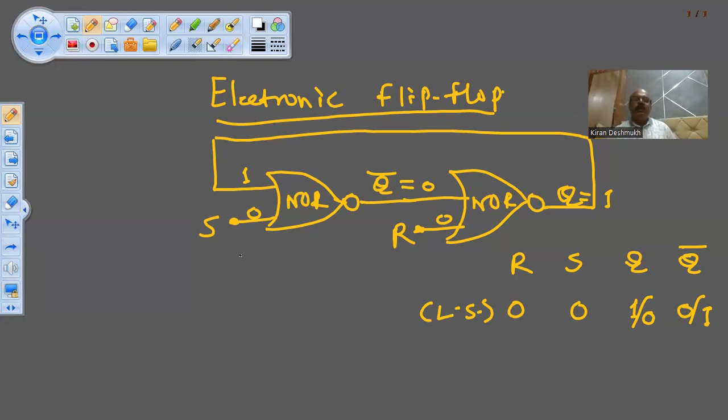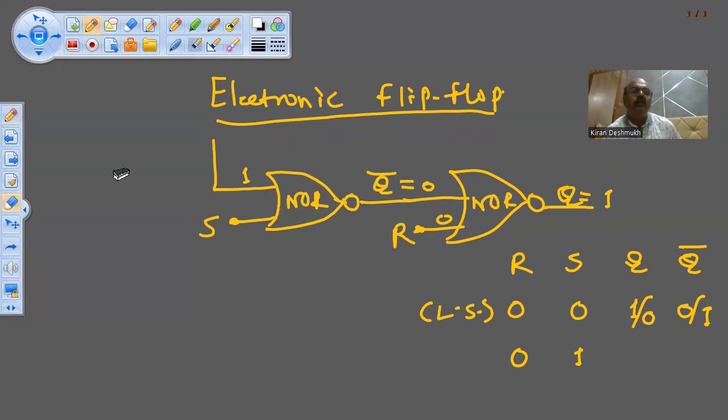Okay, now let us assume that S is 1 and R is 0.